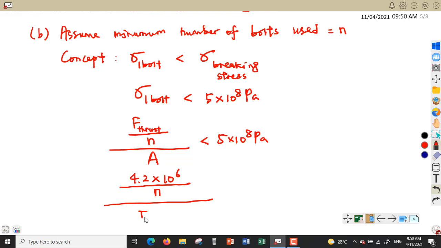Cross-sectional area is pi r squared. So r is diameter divided by 2. So diameter of the bolts is 8 to the power of negative 2 divided by 2, squared. So this value is less than 5 to the power of 8 Pascal. Okay, so we have to solve it mathematically.